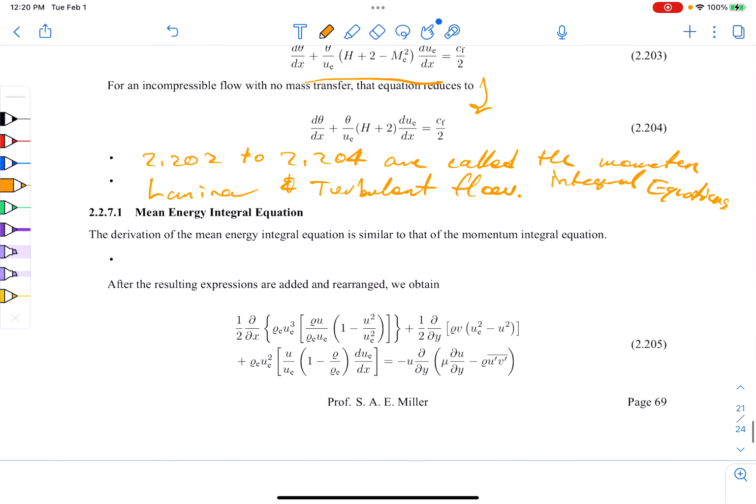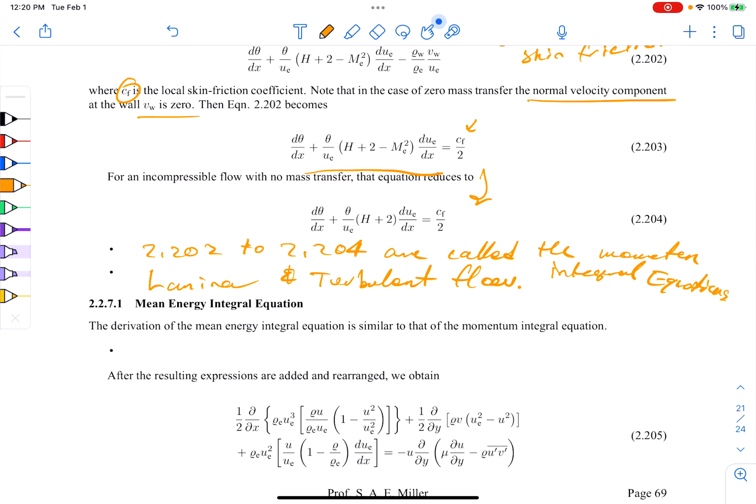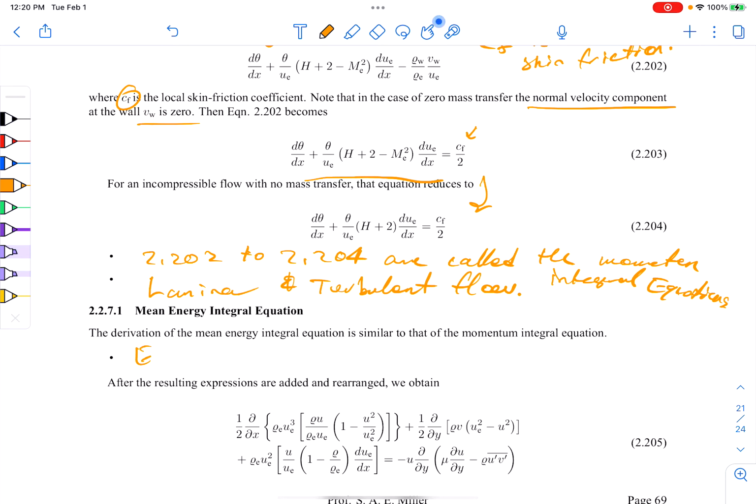I just want to note that quickly, just to be complete in the introduction of these equations. So if I go back and look at 2.133, and I don't even know if it's in this set of notes, it might be in the last one, so you'll have to bring that up and multiply by U_e squared minus U squared.